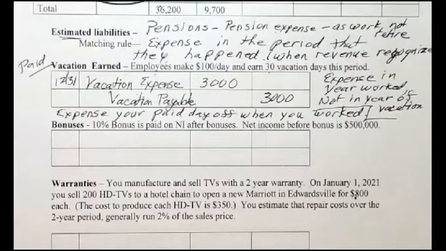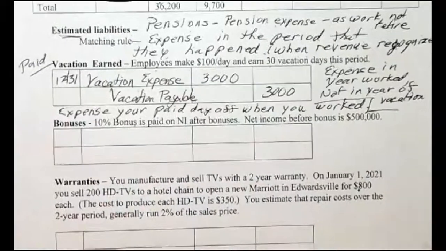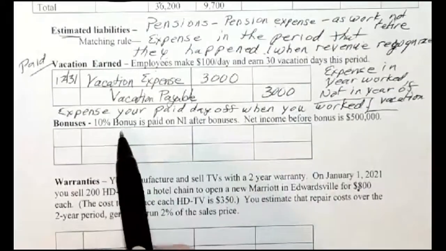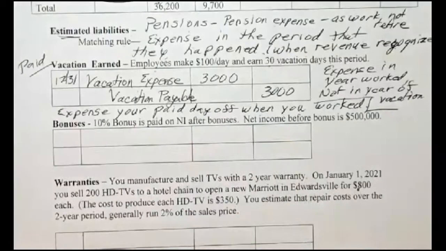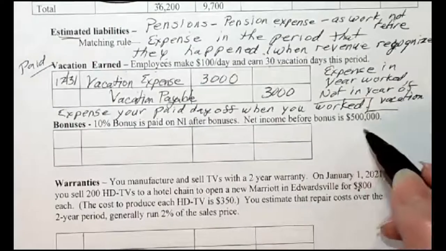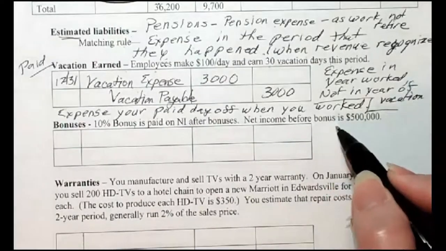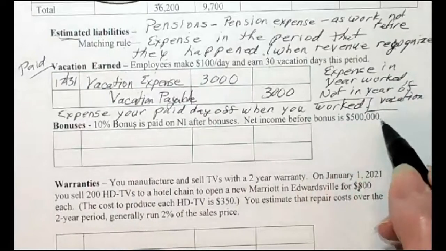And anytime you promise to do something for an employee, it may have some financial statement effects. Bonuses, you want to recognize the bonus in the year it's earned, not necessarily in the year it's paid. And this is just a nice little algebra problem. Let's say that your net income before the bonus is $500,000.